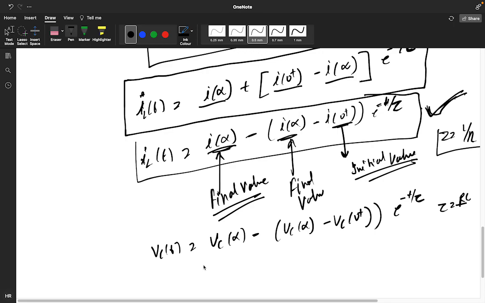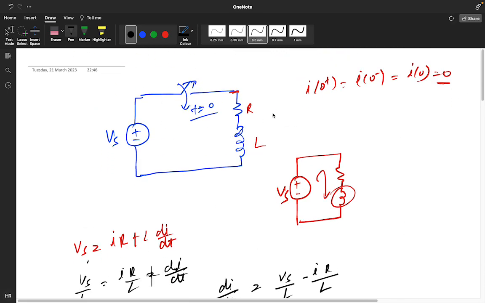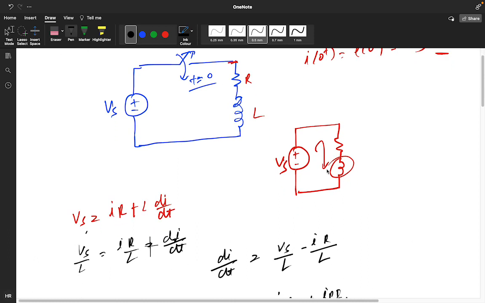So see guys, what we did: we have an RL network. Before the switching, the switch was open, so IL of 0 plus, IL of 0 minus, IL of 0 all were 0. When we closed the switch, we get the circuit like this.